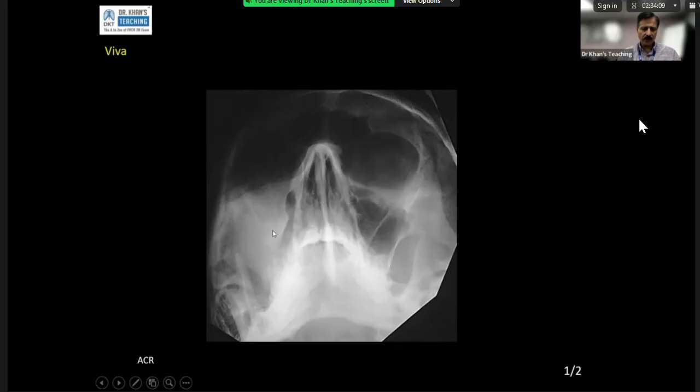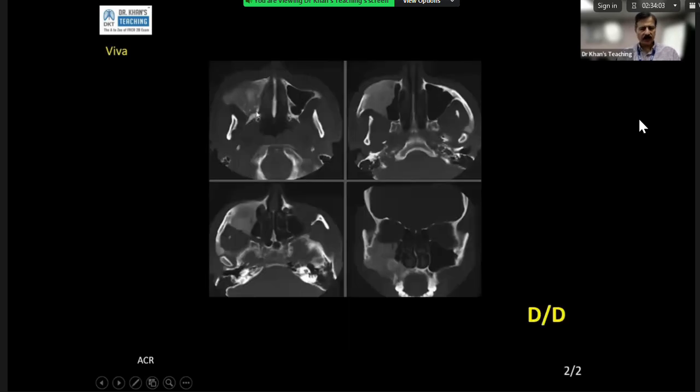So whatever it is, it is not causing complete obliteration of the sinus. On the CT scan, it is clear that this is a bony lesion involving the maxillary bone as well as the zygomatic bone. The configuration is classical ground glass. So this is fibrous dysplasia.